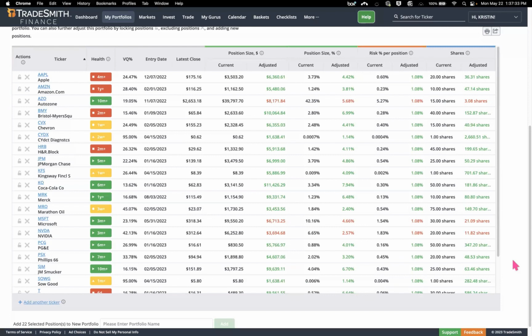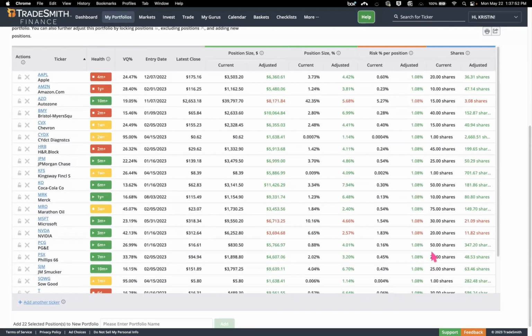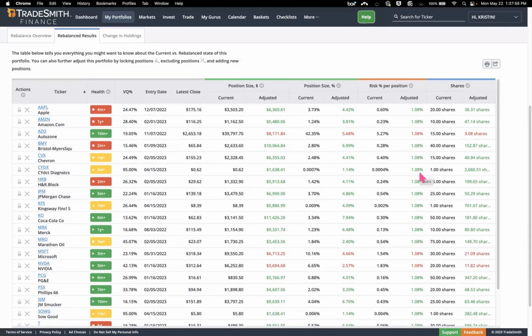So their portfolio was risky. And those positions, unfortunately, went downhill, and it can really destroy a portfolio if you're unevenly weighted. So what this is doing is taking it to 1.08% straight down the line. And how it's doing that, I'll show you in the third tab of adjusting your shares.